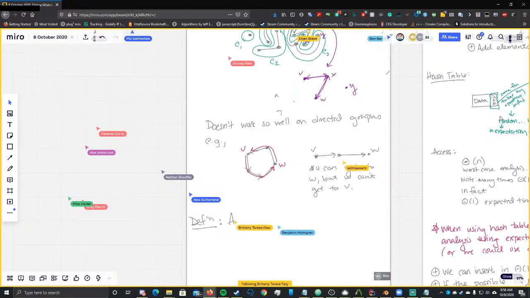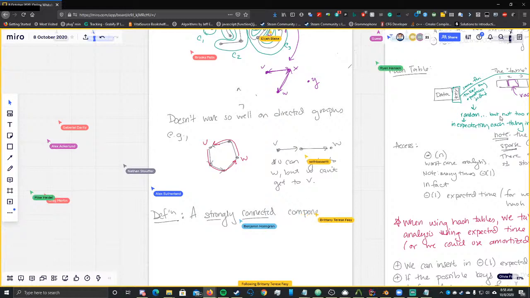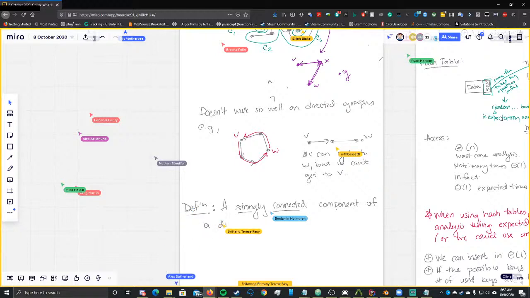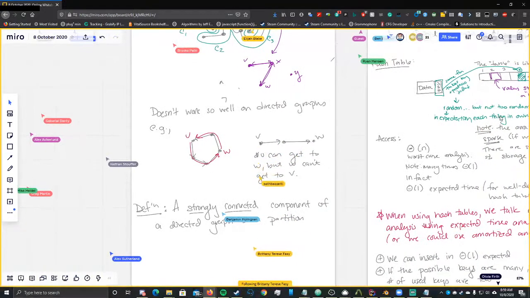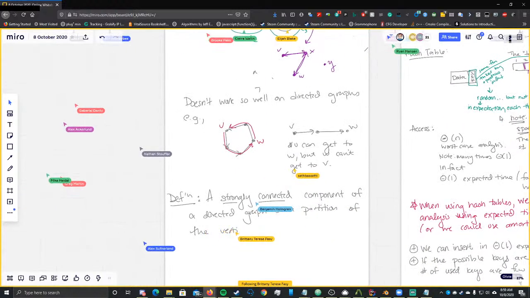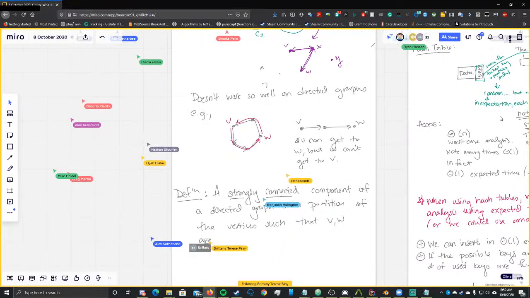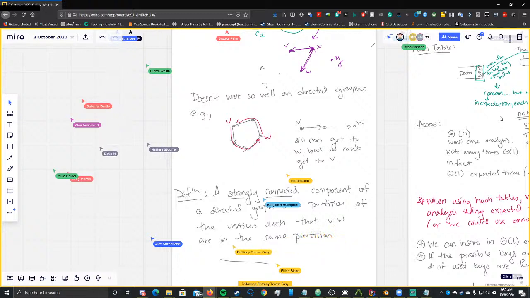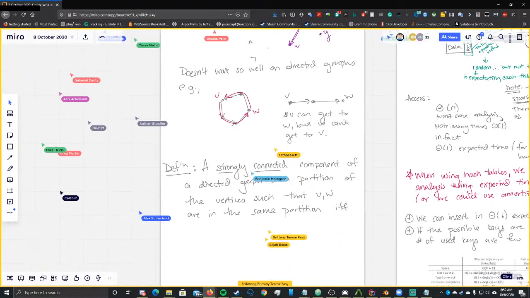A strongly connected component of a directed graph is a partition of the vertices into, sorry, I want to say what they're into, but such that B and W are in the same partition if and only if they are mutually reachable.